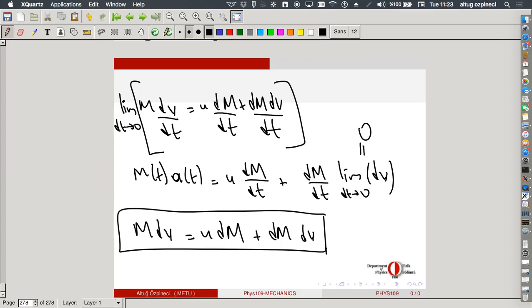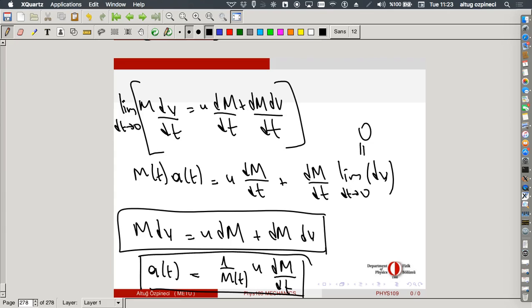Now, of course, if I know how much fuel I burn per unit time, then I can calculate the instantaneous acceleration from that knowledge. And the instantaneous acceleration at the time t will be nothing but 1 over m(t) times u times dm over dt.